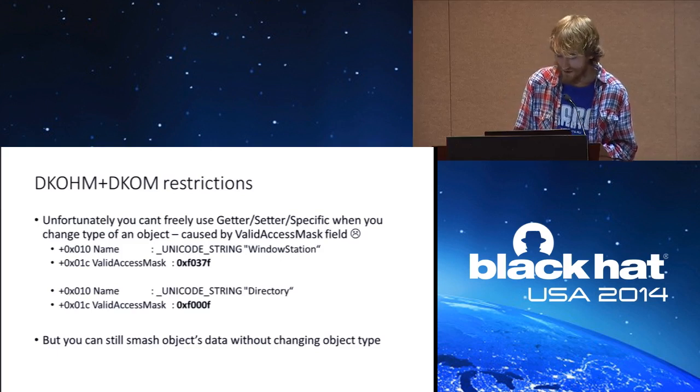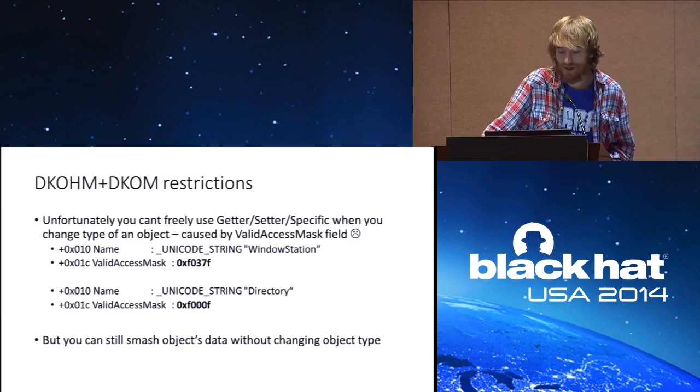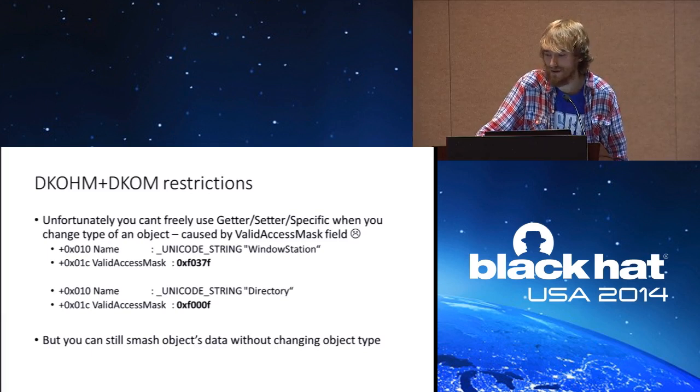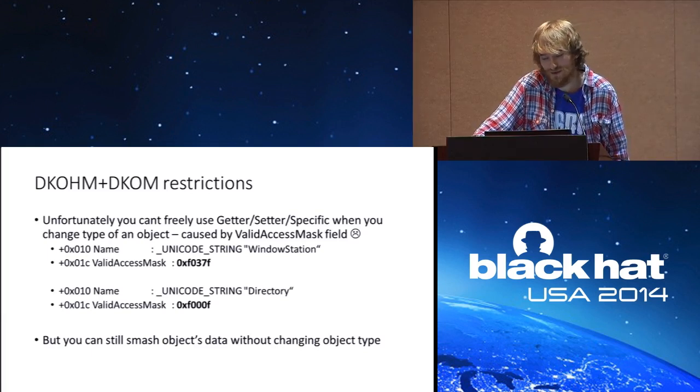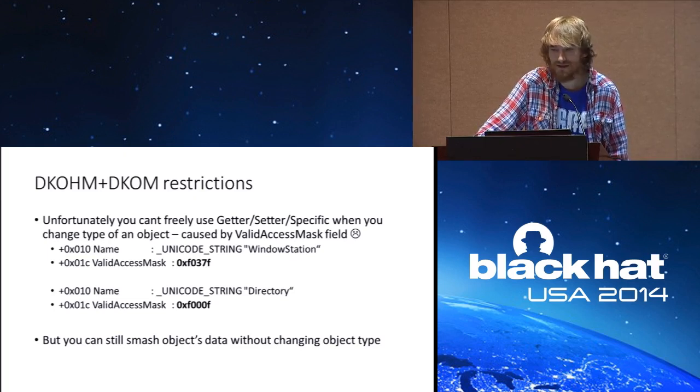But unfortunately, my idea was, okay, this is very nice, so you can just change the object type to a different one and find a system service that reads or writes memory.